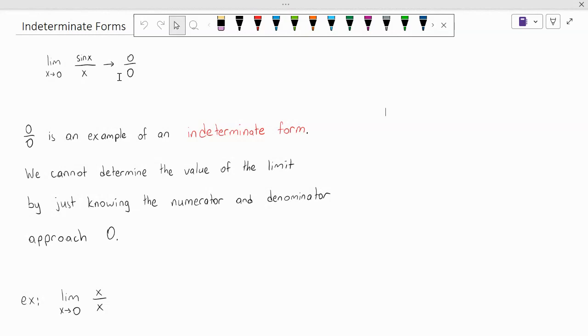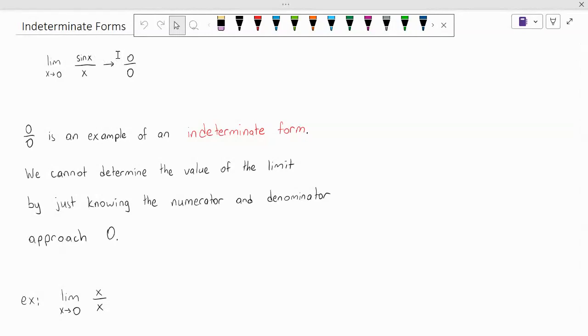Okay, so when you're working with limits and you get a 0 over 0 situation like this, what's happening is we're saying that the numerator is getting really close to 0, and the denominator is also getting really close to 0. Okay, so it's not that you actually have a 0 over another 0.